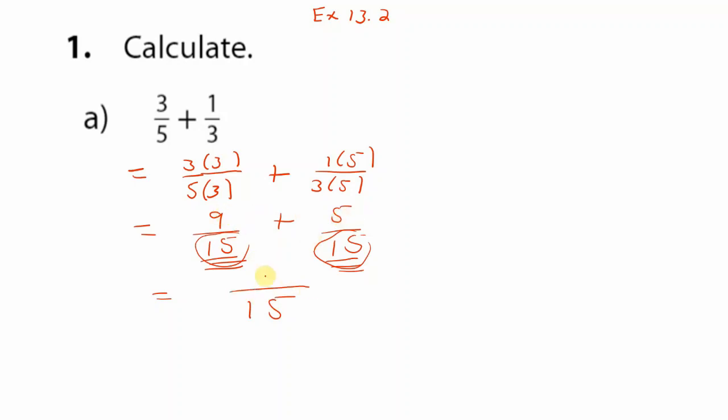So 9 plus 5 is 14. And next is to see if it's in simplest form. Yes, I cannot think of any number that can divide into 15 and into 14 both without a remainder. So this is the final solution.